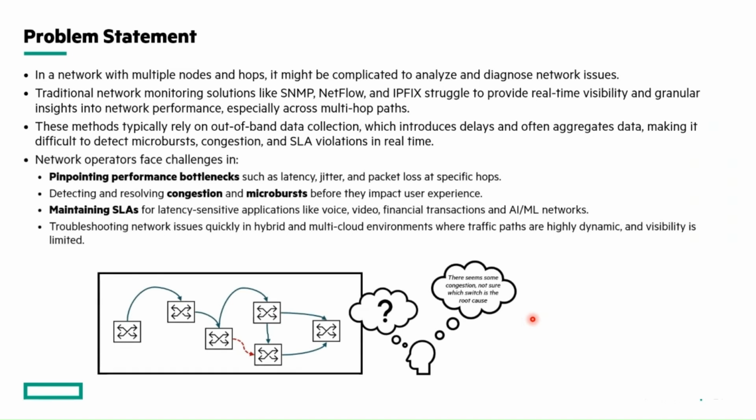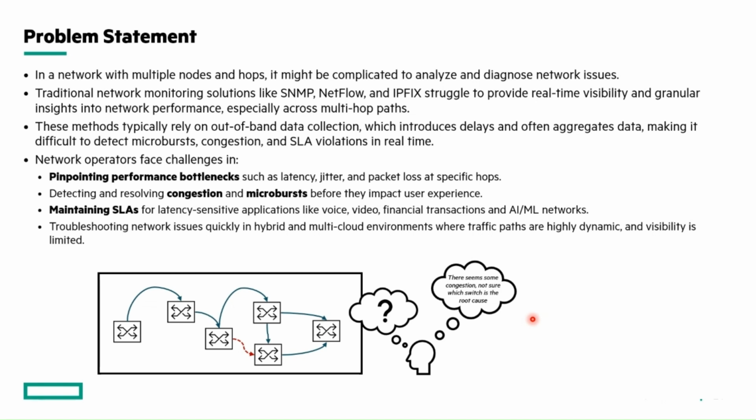Considering the above issues, network operators face challenges in pinpointing performance bottlenecks, such as latency, jitter, and packet loss on specific hops, or detecting and resolving congestion and microbursts before impact. This also hampers the user experience. Plus, they have no way to take a proactive approach towards these issues.